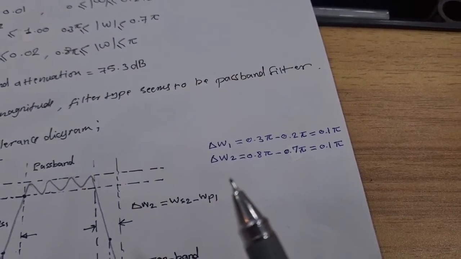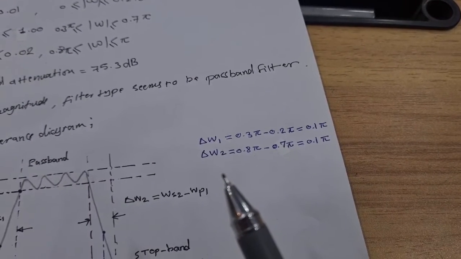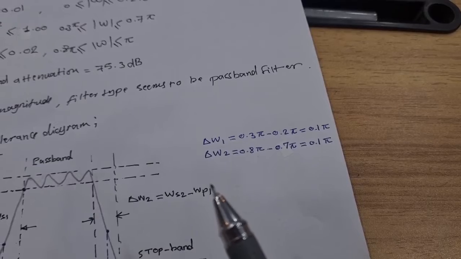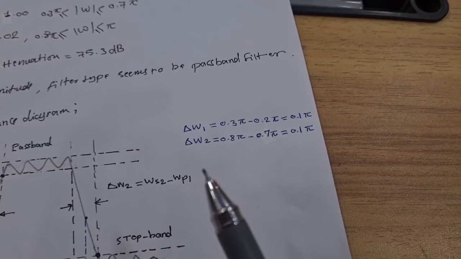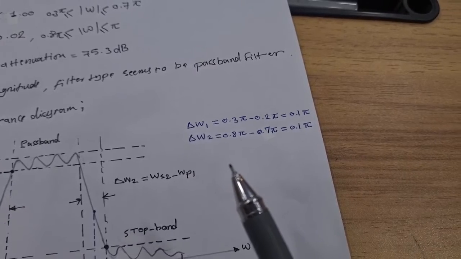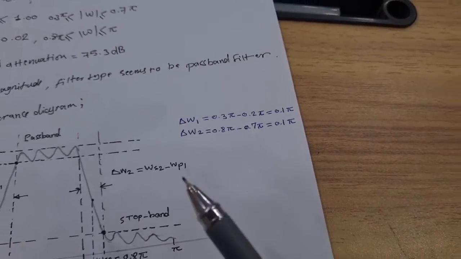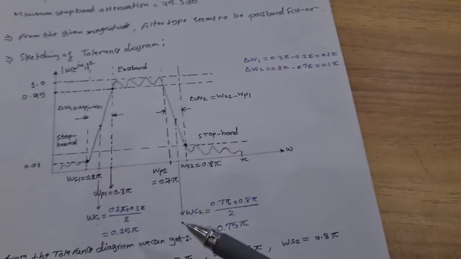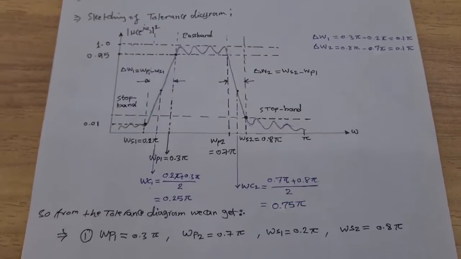Delta W1 equals 0.3 pi minus 0.2 pi, which equals 0.1 pi, and delta W2 equals 0.8 pi minus 0.7 pi, which is also 0.1 pi, so the differences between frequencies are equal. Okay, this is for the tolerance figure.